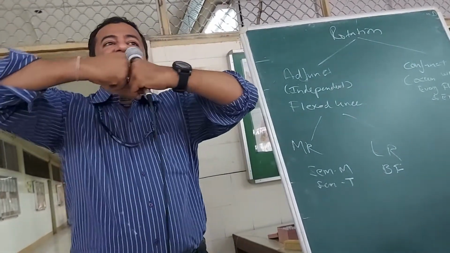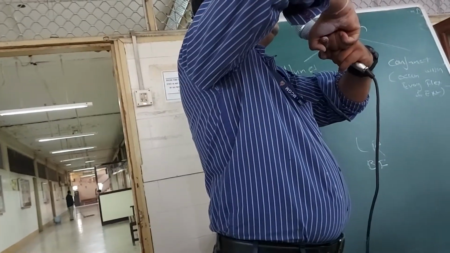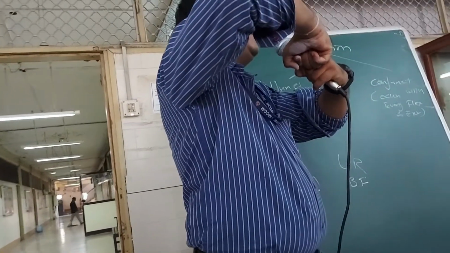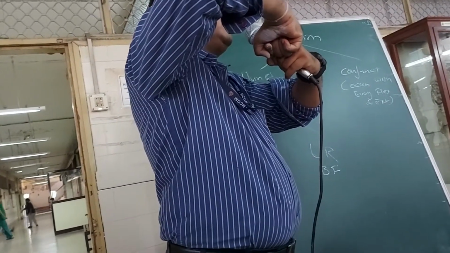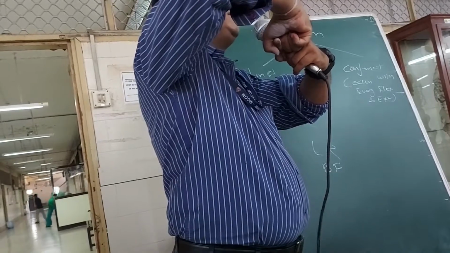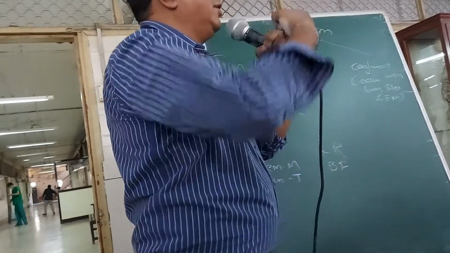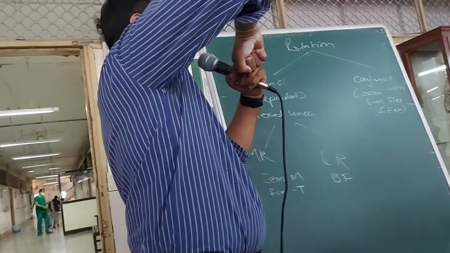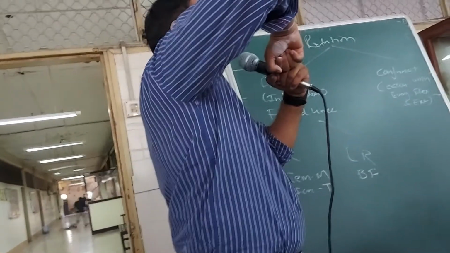Extension: what happens in the last stage of extension? Medial rotation of the femur on the tibia, by which the knee gets locked. What happens during flexion? Firstly, lateral rotation of the femur and then flexion. So locking is done by quadriceps femoris.